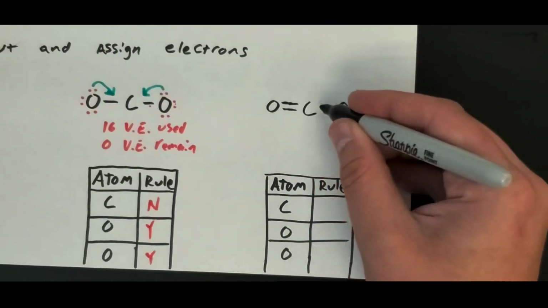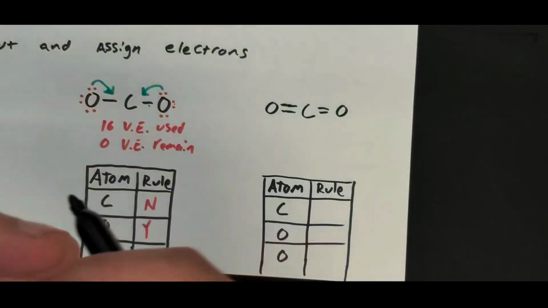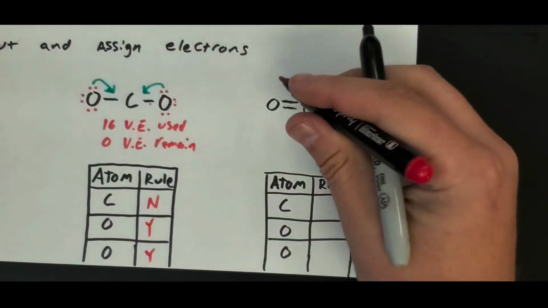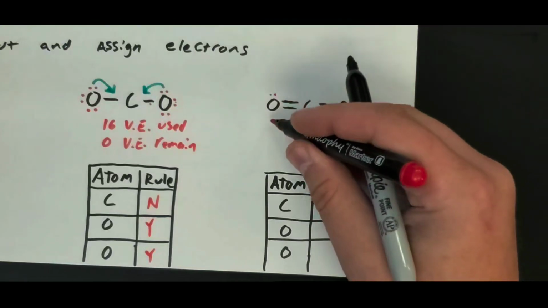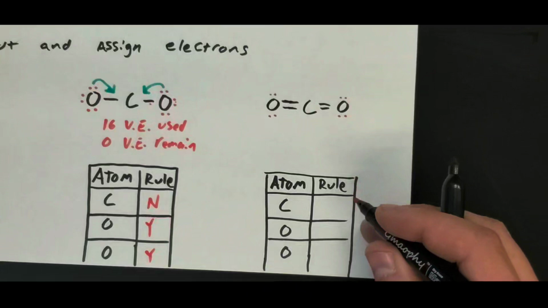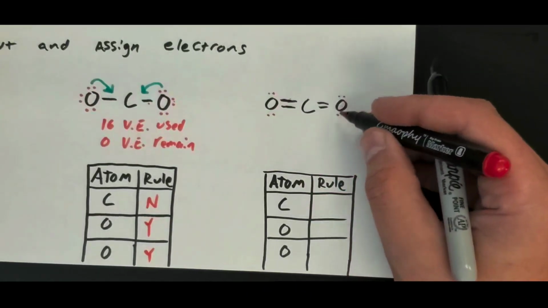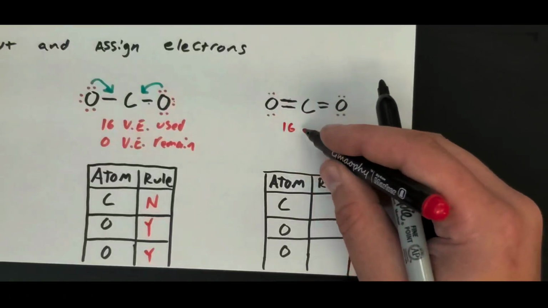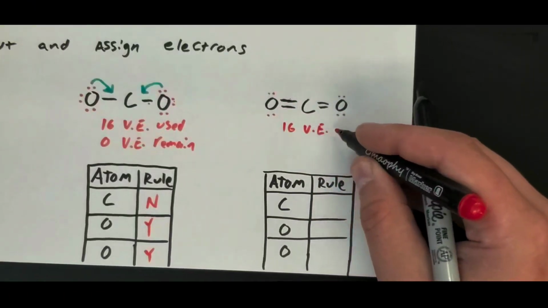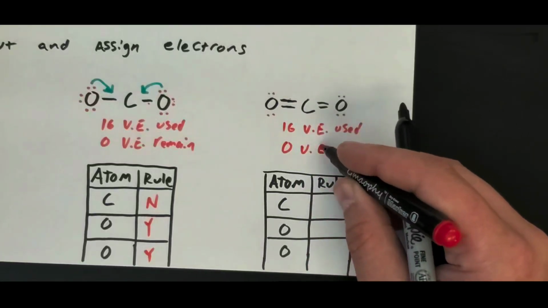Each of these has a double bond, and we can draw in our remaining valence electrons. 1, 2, 3, 4, 1, 2, 3, 4. And that's 2, 4, 6, 8, 2, 4, 6, 8, that's 16 valence electrons used, 0 valence electrons remain.